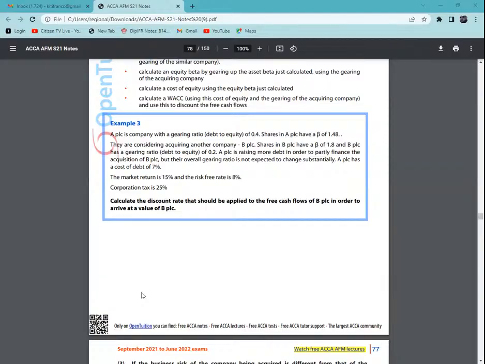And the beta which will become relevant is the beta of the new business. This new business, called B Limited, has a beta of 1.8. So the 1.48 beta of A becomes irrelevant. The one that we shall use is the one of what here, somebody? 1.8 of B company.